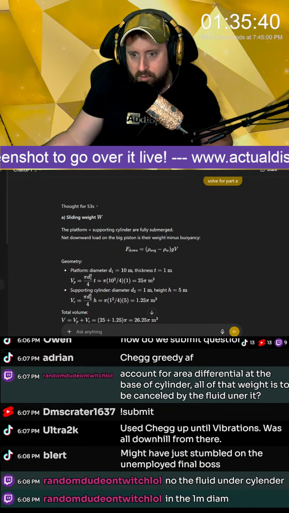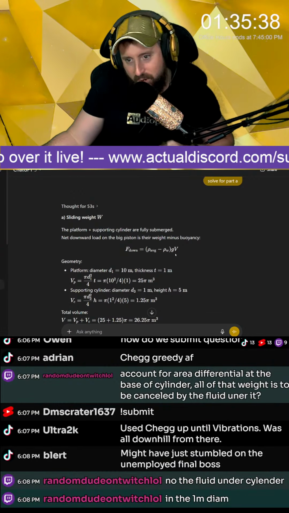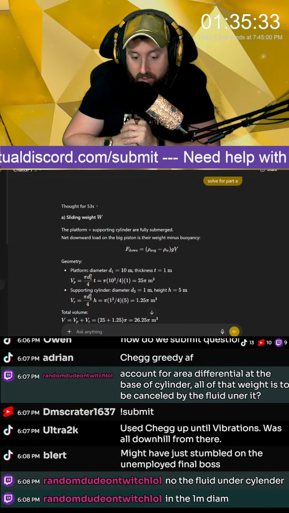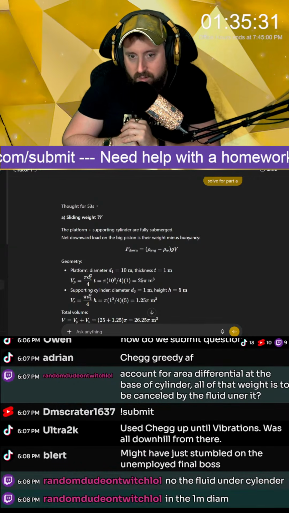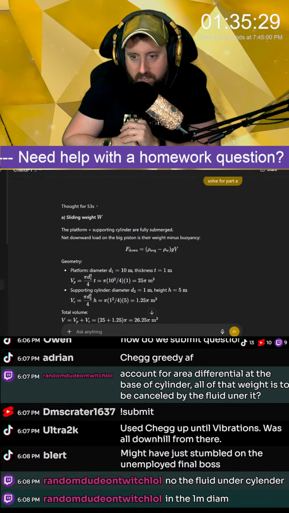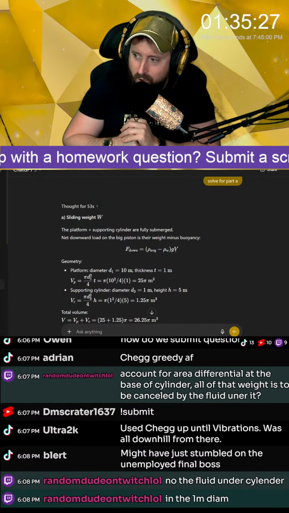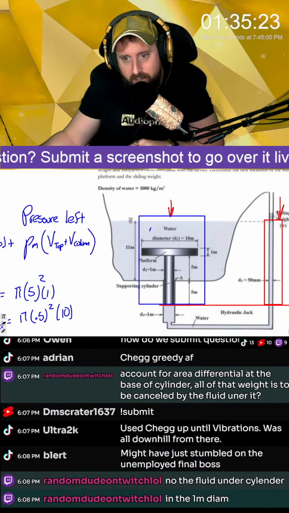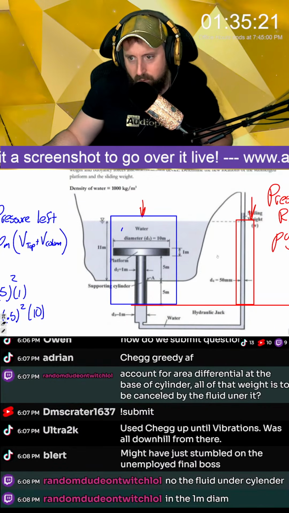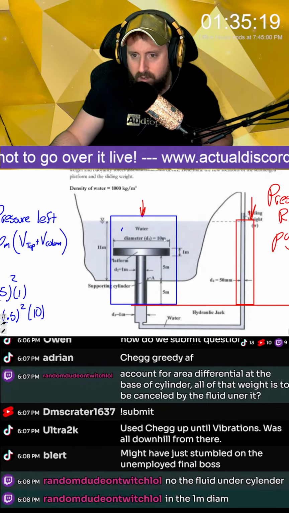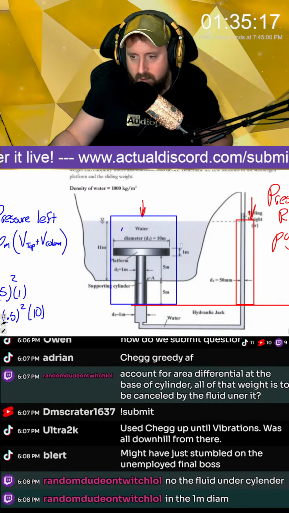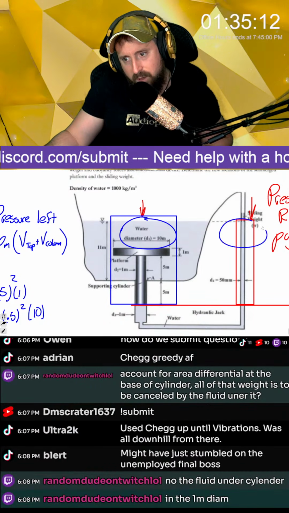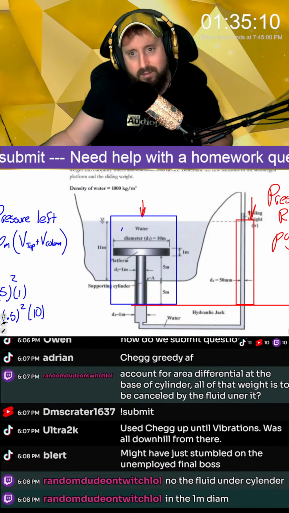Net downward load on the big piston is the weight of them minus the buoyancy. Oh, interesting. But we don't count the weight of the water above. I don't know if I did yours yet, River. No, this is only the second question. Sorry, wait a minute. I get this, but wait, these are both things.